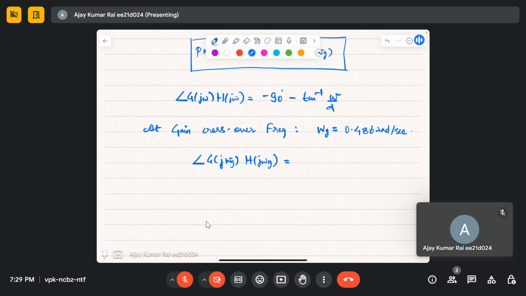So let's find minus 90 degrees minus tan inverse of 0.486 by 2. So what is this tan inverse of 0.486 by 2?